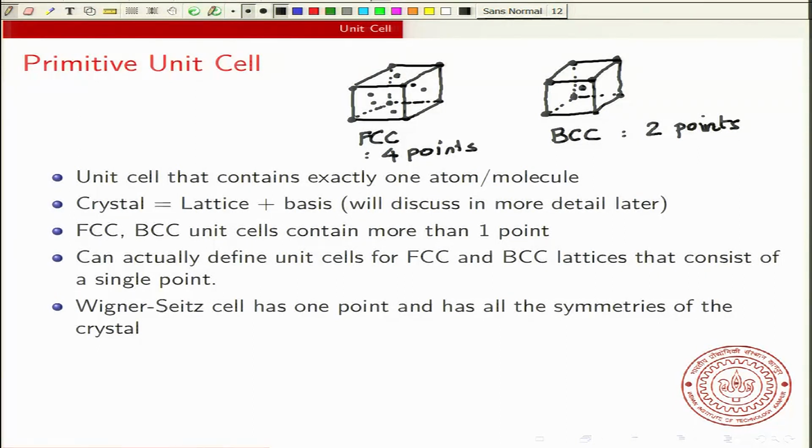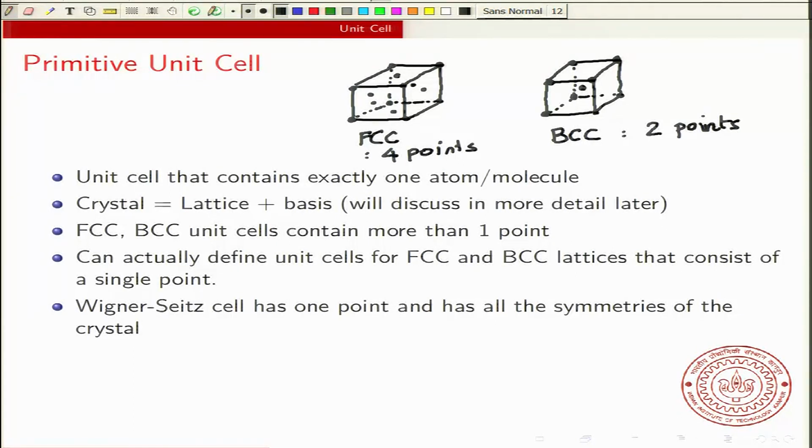Let me emphasize what you have already learnt in your high school, that each of the corner points contributes 1/8 to this unit cell. So, you have 8 corner points, and effectively 1 point per corner atom. Then each of the 6 face centers contributes half. So, you have 6 into half, that is 3.